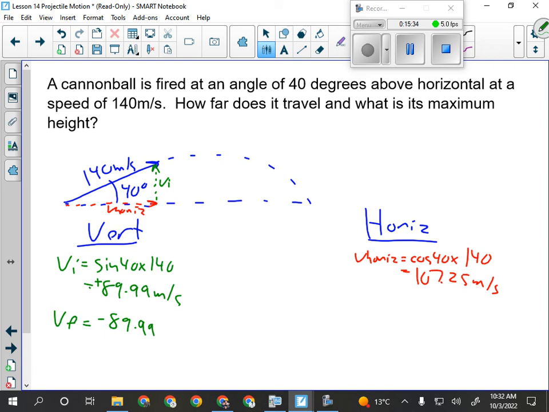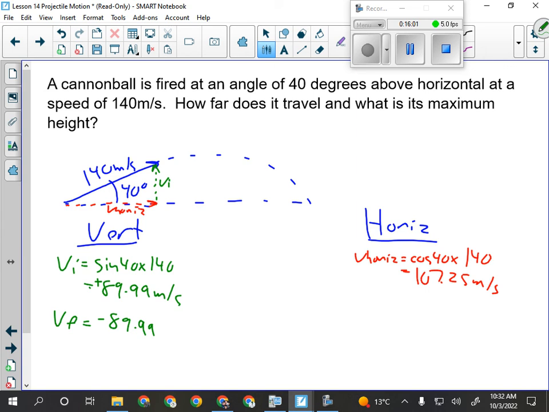Now, if it was different, if the vertical displacement wasn't 0, I would then know what the vertical displacement was. Agreed? Would I be able to use that as one of my givens in the vertical part? I would still be able to do this. It would actually be more like your horizontal questions that we did where you drive off a cliff, except this time you're being projected up.